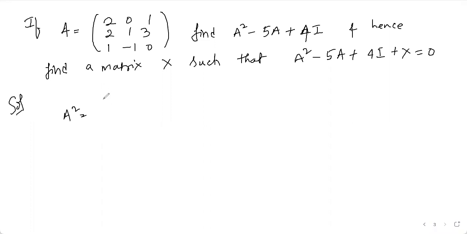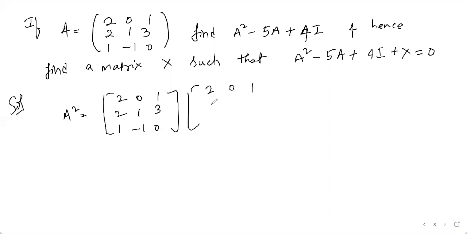A square will be 201, 213, 1 minus 10, again multiplied with 201 and 213 and 1 minus 10. Okay, so this will be 2 plus 0, 2 into 2, which is 4, 4 plus 0 plus 1, which is 5, right?